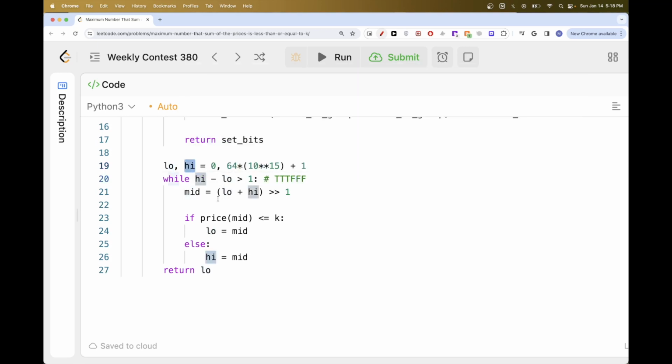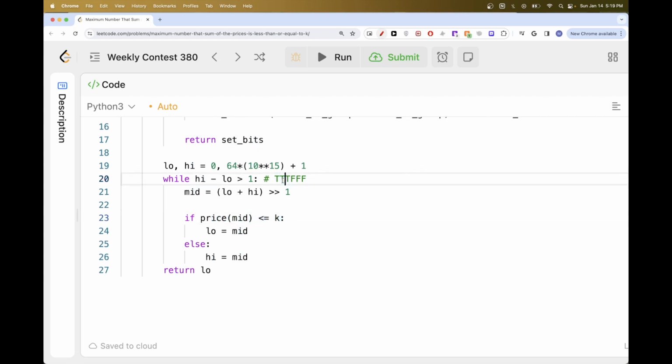F of high, of the function price here, which is what I call f of x, will always be false. So we do this binary search, just basic template implementation, but here we check if the price is smaller or equal to K. So this is basically the sum of the prices from 1 to mid. If it's smaller than or equal to K, that means we are at a true.